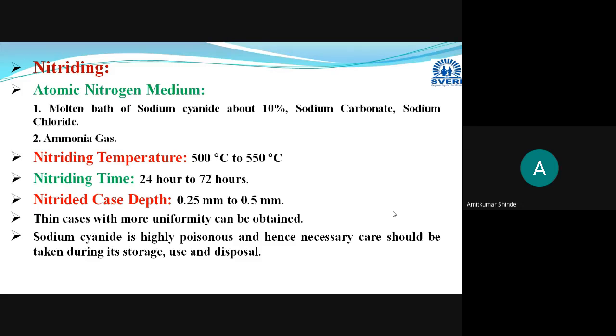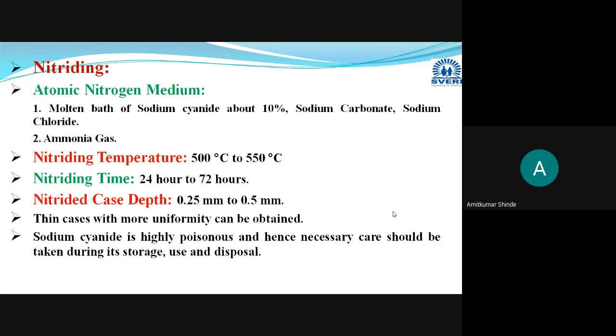Now, how is it conducted? First, the steel component is taken and heated in the furnace. But this heating is carried out in contact with a medium which will provide atomic nitrogen.